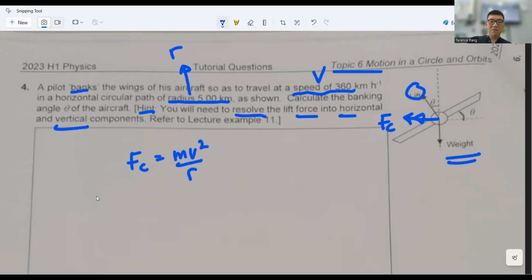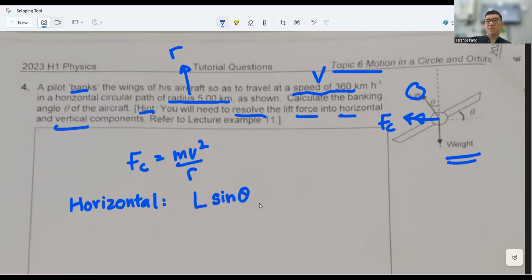Lift force has a symbol called L. If you resolve horizontally, you will have L sine theta.